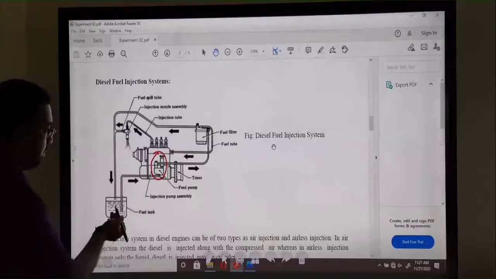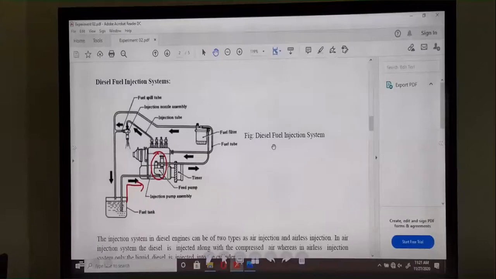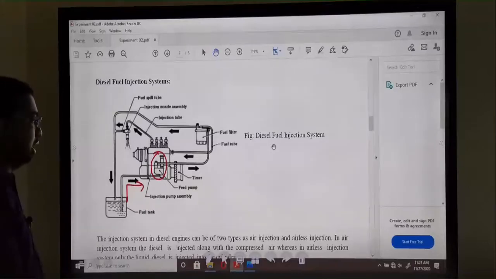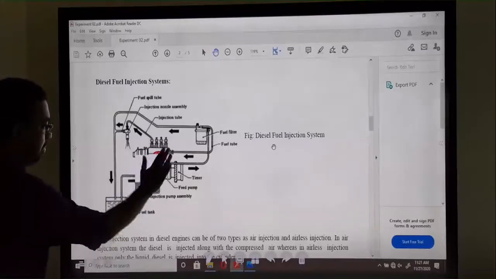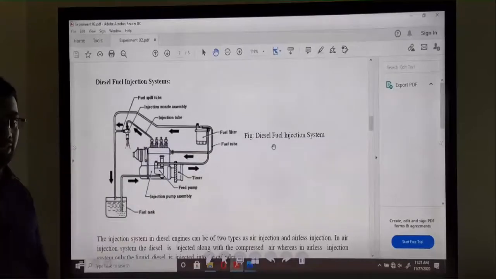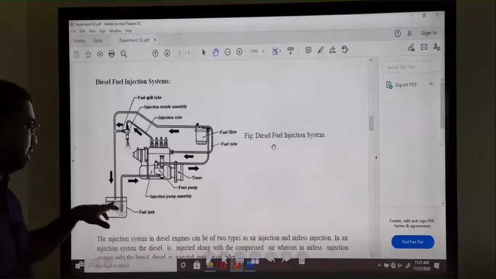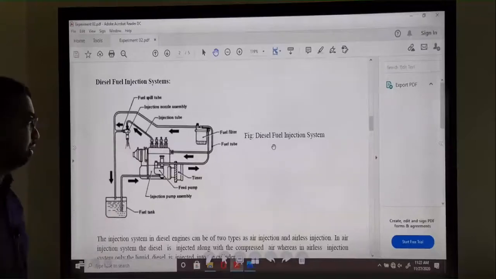This feeding pump pulls the fuel from the fuel tank. These days this is a mechanical pump, actually, this feeding pump. These days vehicles use electrical pumps that are fixed into the fuel tank.